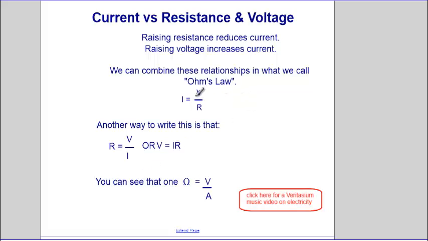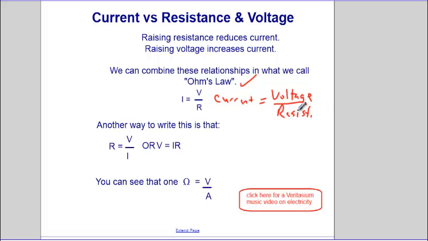The quantitative relationship that relates current, voltage, and resistance is called Ohm's law. And Ohm's law, I'll put it into words: current is voltage over resistance.